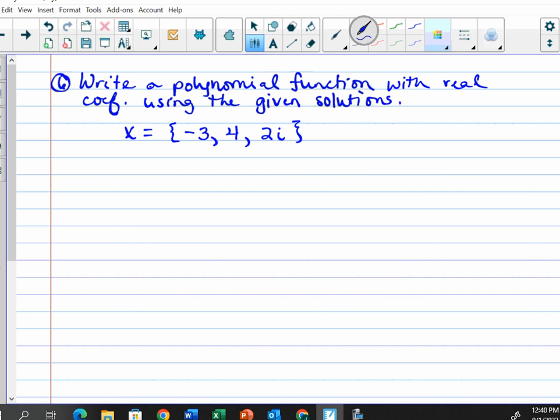All right, your given solutions for this first one are -3, 4, 2i. So jot it down and then I'll walk you through this one. What is that? Real coefficients. I abbreviated, sorry.